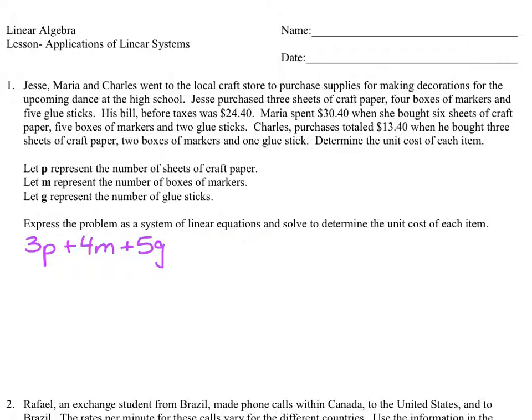And then, of course, no worksheet would be complete without a typo. Just like I like to make sure I have at least a good, juicy typo on every page of my packets. P does not actually represent the number of sheets of craft paper because they've already told us that.